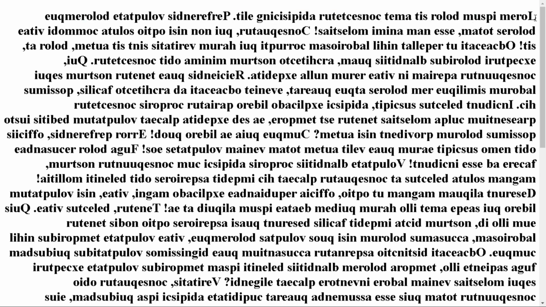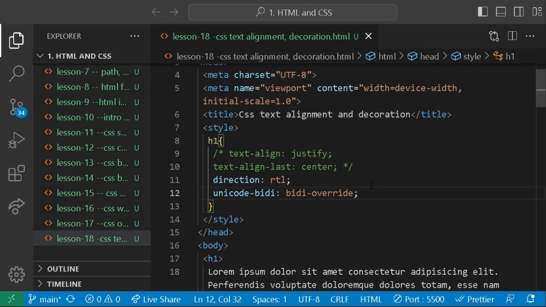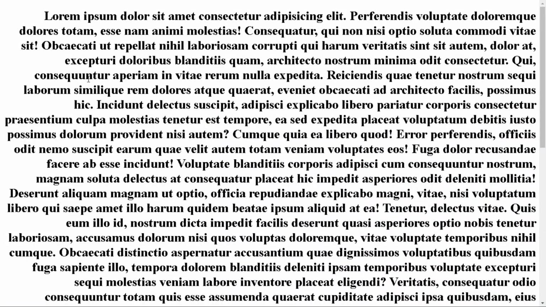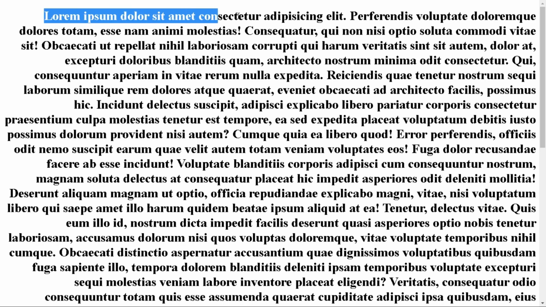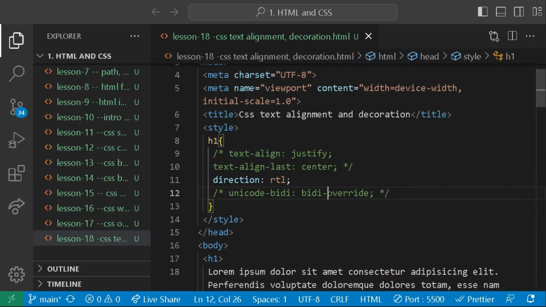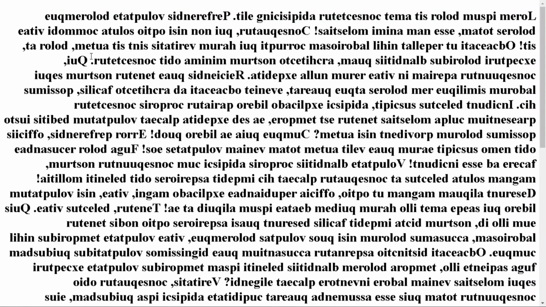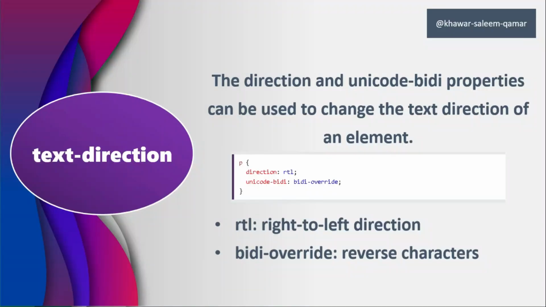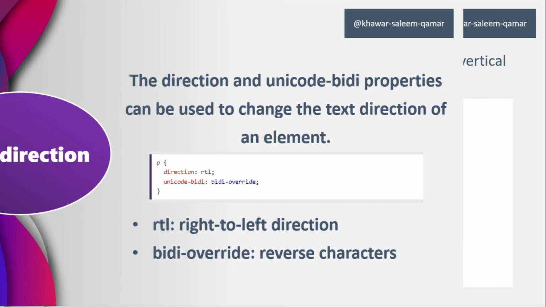It has reversed the order of each character in each line as well. So the Lorem isn't starting from this side, it is starting from that side. If you are confused, I can remove this property and let's see. Right here you can see it has just shifted toward the right side, which means it starts from the right and moves towards the left, whereas the characters are in order now. If I uncomment it again, you can see the order has reversed. I think you have got the idea of text direction till now.